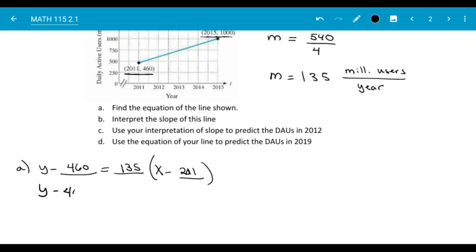So y minus 460 equals 135x minus, if we take 135 times 2011, we get 271,485. And then we would need to add the 460 over.